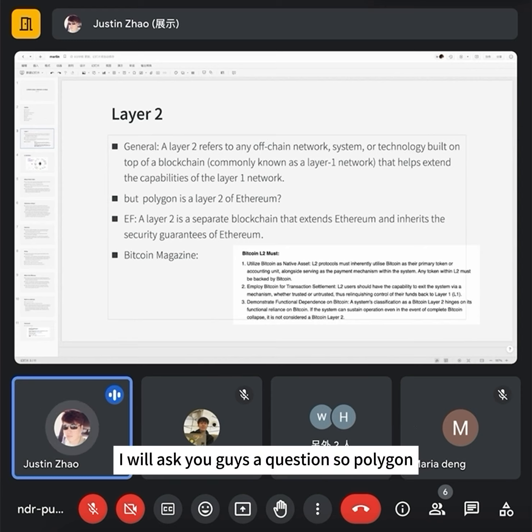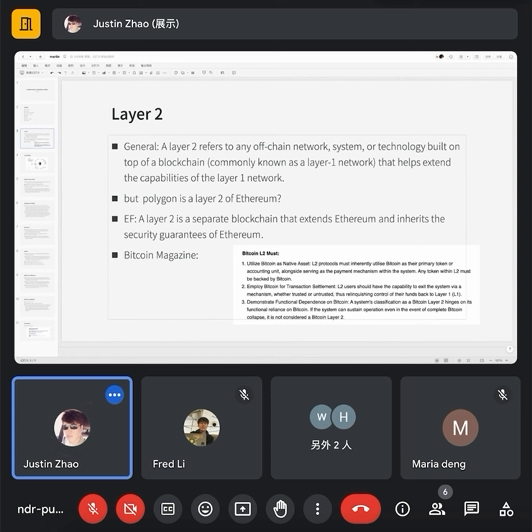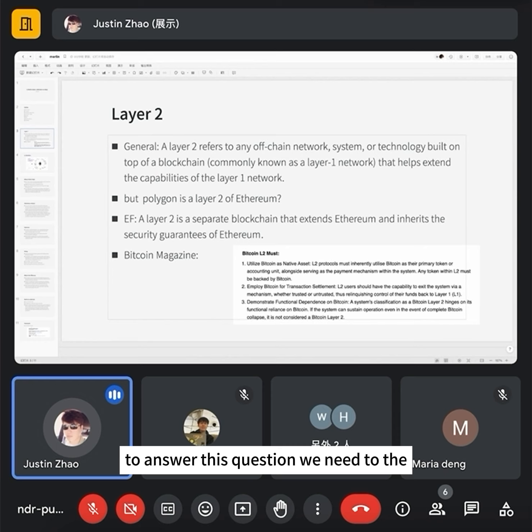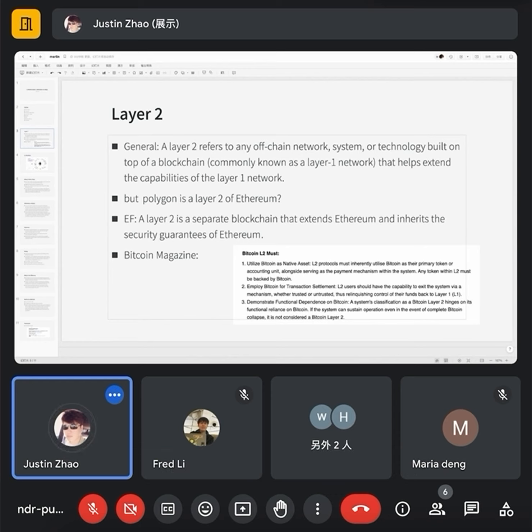So I will ask you a question. Polygon, is that a layer 2 of Ethereum? To answer this question, we need to know the definition from the Ethereum Foundation.